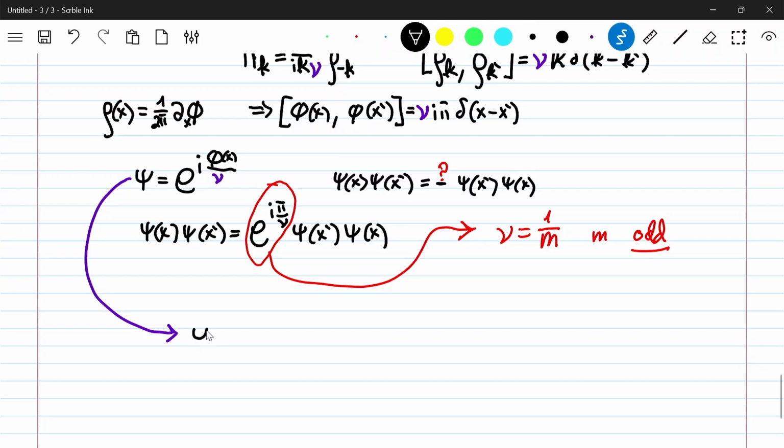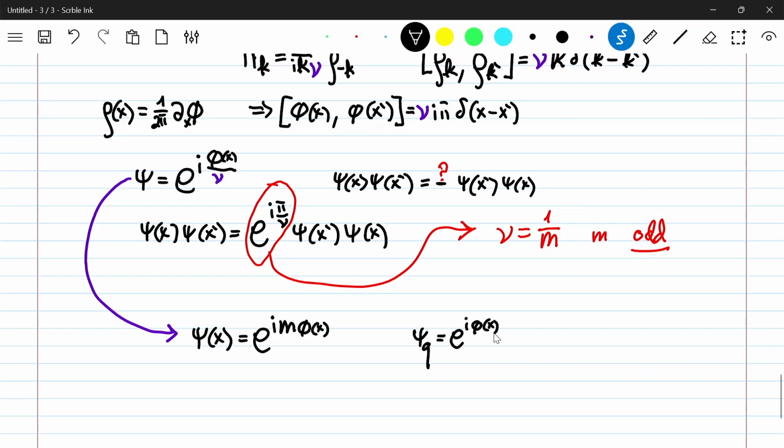So psi of x is e to the i m phi, right? So you can think of it as a field that has the original form e to the i phi, and just take a product of it m times. So let me define an operator of a quasi-particle, which I define as e to the i phi.